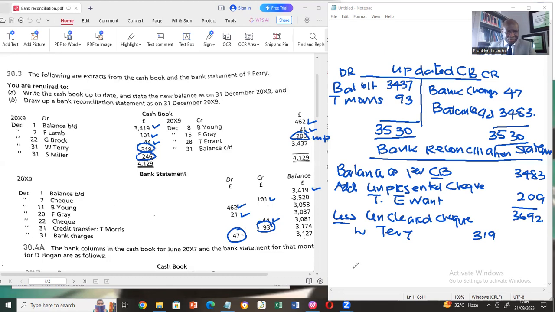And there we have S Mira, 246. So these total 565. There we have 3127. This is what we have at the bank. So we have reconciled. This is balance as per bank statement.